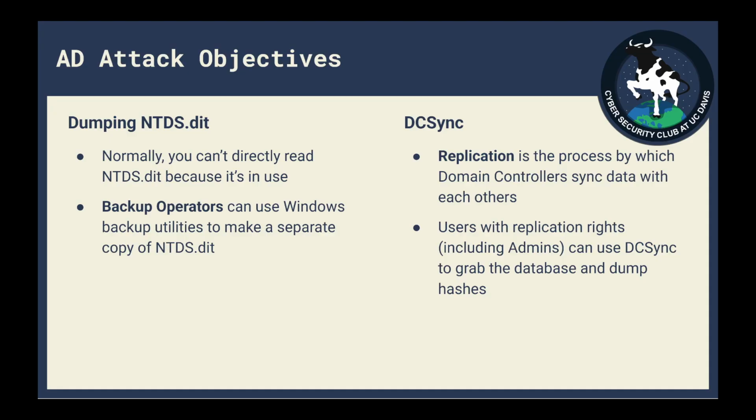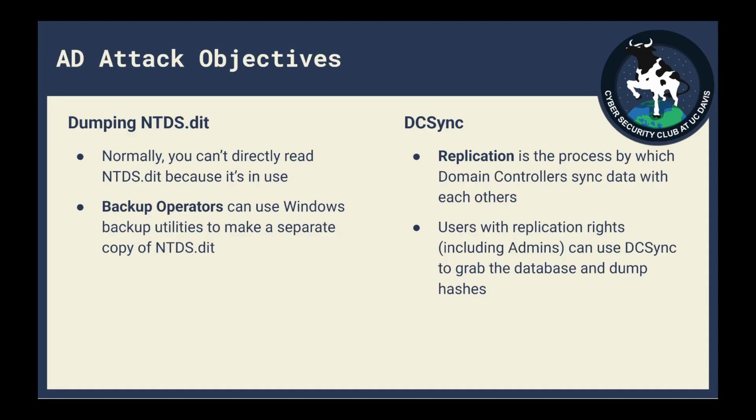The red teaming and offensive security folks said, what if every time I talk to a domain controller, I pretend: hello, I am a Windows domain controller, please hand me all of your user authentication information because I really need to synchronize my servers? So that's called DC sync.